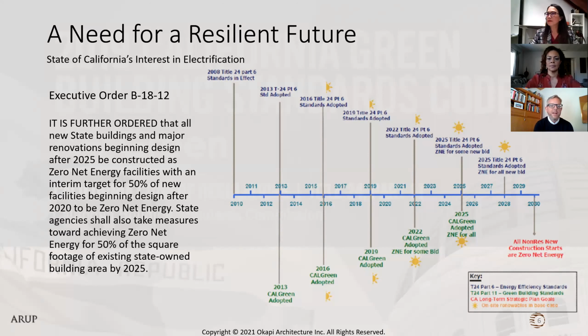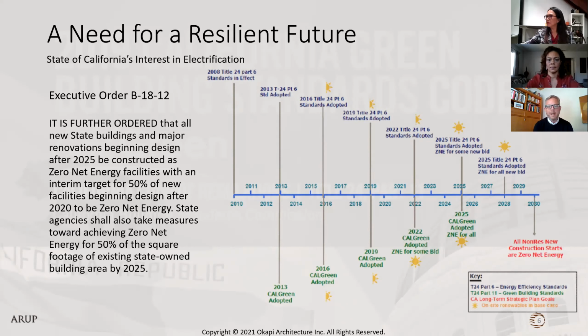We'll talk about that later on. But as we know, CALGreen and the building codes in California are renewed every 3 years, and we're slowly working toward a path of zero carbon, zero emissions buildings, and zero net energy. So maybe go to the next slide.